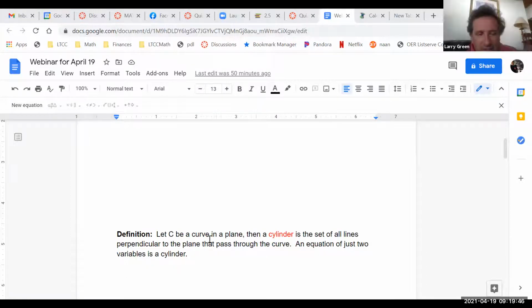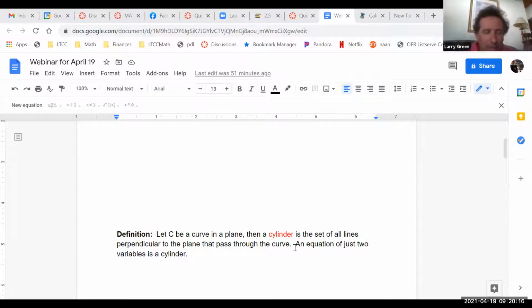Let C be a curve in a plane. Then a cylinder is the set of all lines perpendicular to the plane that pass through that curve. Okay, so that's the definition of a cylinder. I did not expect any of you to come up with that. But I did expect you to know the classic example of a cylinder, which is a right circular cylinder, where in this case, the curve is a circle.